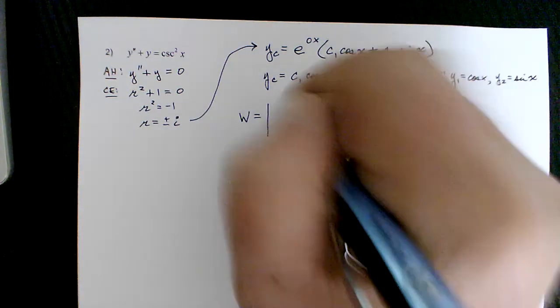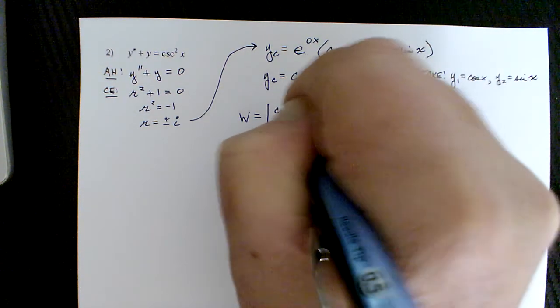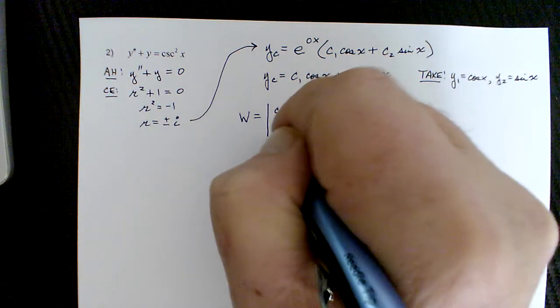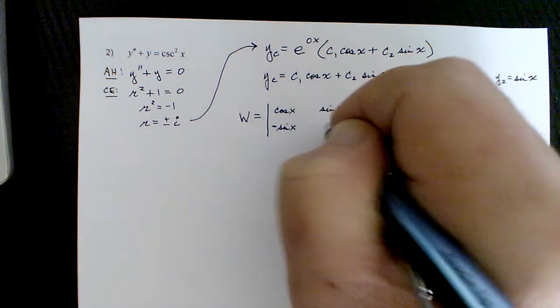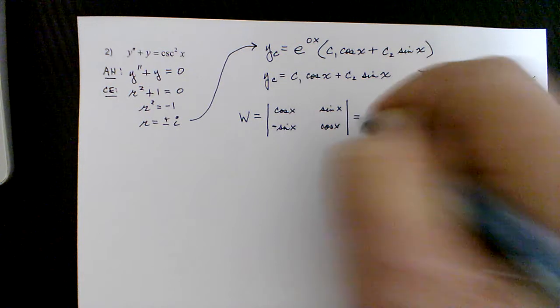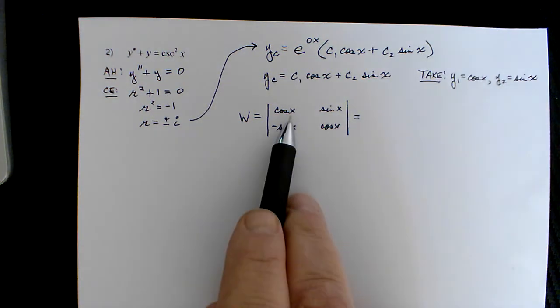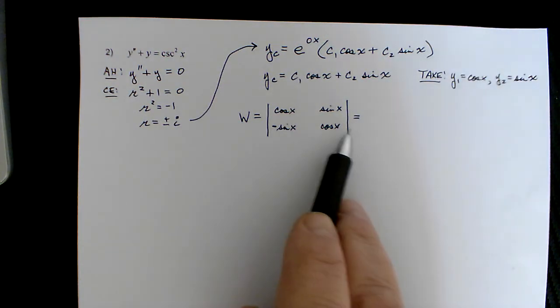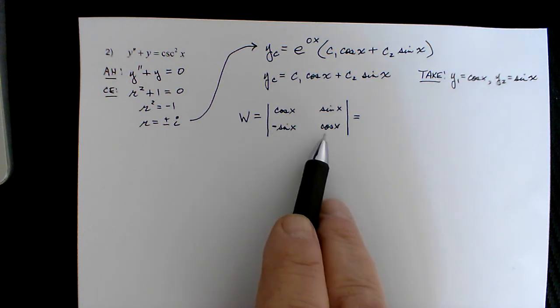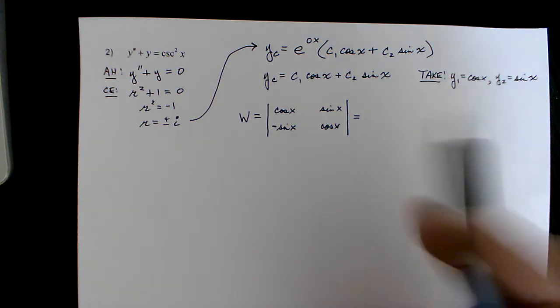So we have cosine x, sine of x, their derivatives, minus sine x, cosine x. Just be careful here when you do the homework. You know, there might be like a 2x in here and 2x here, so it would be minus 2 sine 2x and 2 cosine 2x.